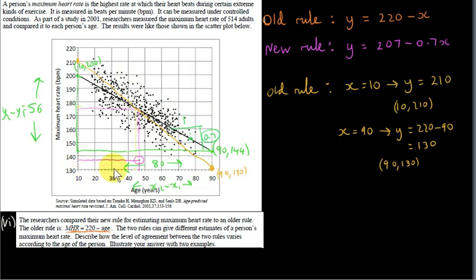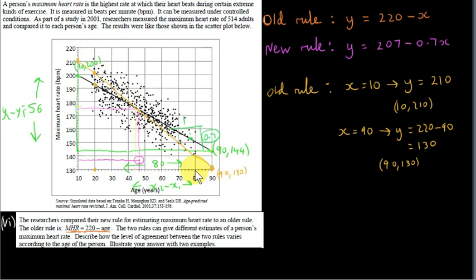So we can see that for young adults, our old rule gives a greater MHR than the new rule. Say for an adult age 20, our old rule gives an MHR of this value here, whatever that is. It's more than 200, but it's greater than the corresponding MHR in our new rule. So for a young adult, we get a greater MHR in the old rule than for the new rule, but the opposite is the case for an old adult.